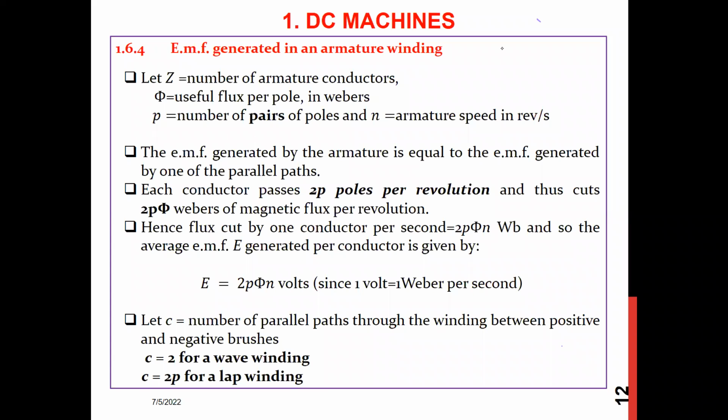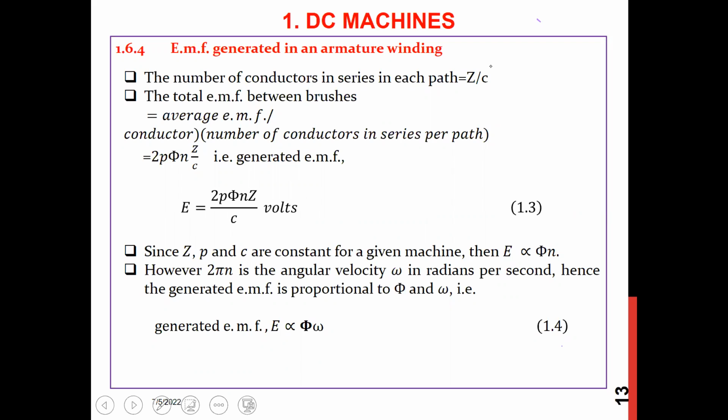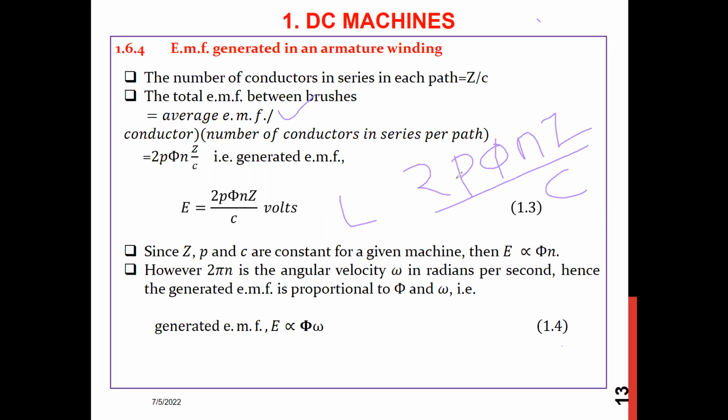To find the total EMF between the brushes, it is equal to the average EMF per conductor times Z over C. So E equals 2 times P phi n Z divided by the number of parallel paths.